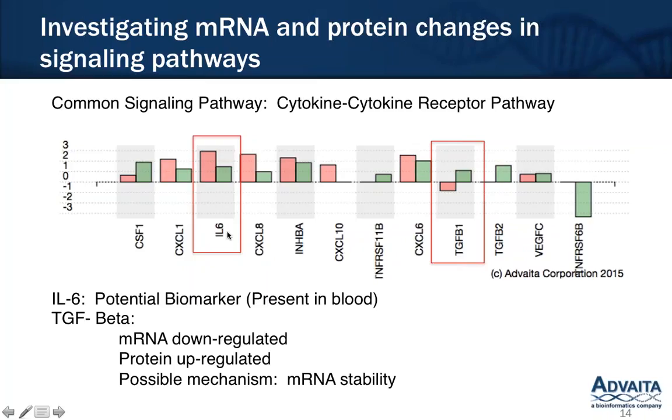And IL-6 could be used as a potential biomarker because you see an increase in the IL-6 transcript as well as the IL-6 protein. So you can target it with a drug on a protein level, or molecularly on the mRNA level with an siRNA or also a microRNA if you were interested in that type of study.